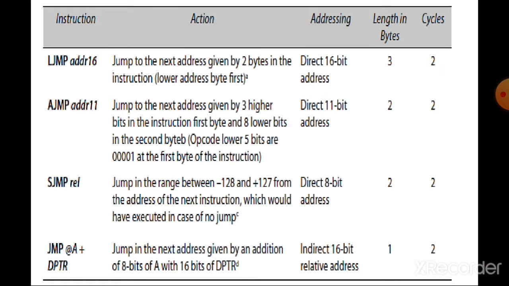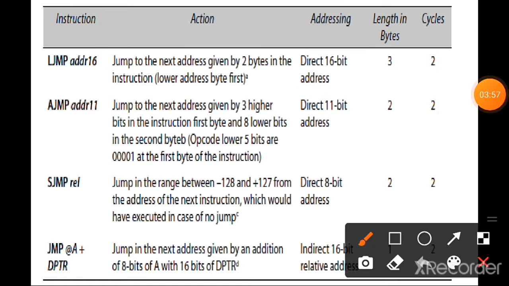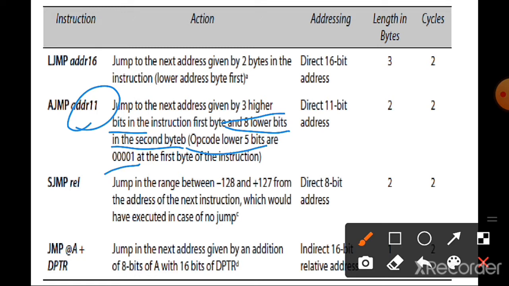Then AJMP. Here the address is specified by 11 bits. Jump to the next address given by the 3 higher bits in the instruction's first byte and 8 lower bits in the second byte. The opcode's lower 5 bits are 00001 in the first byte of the instruction.